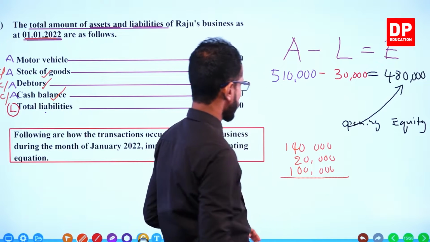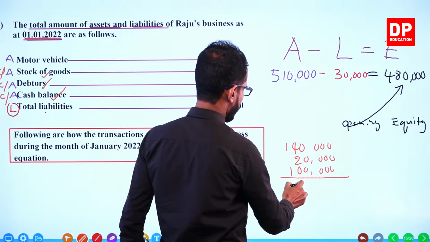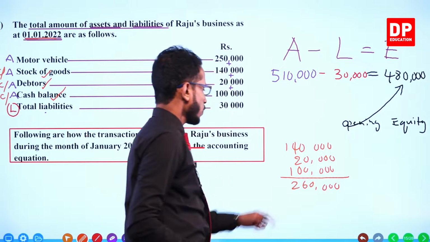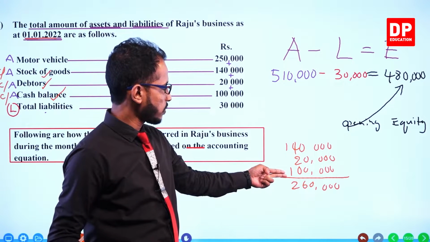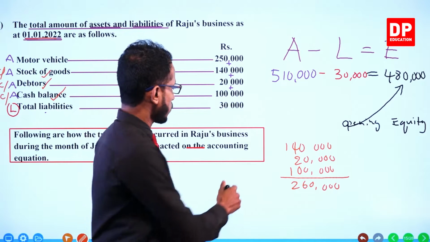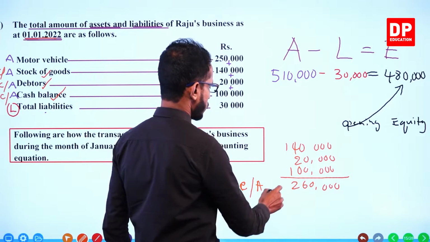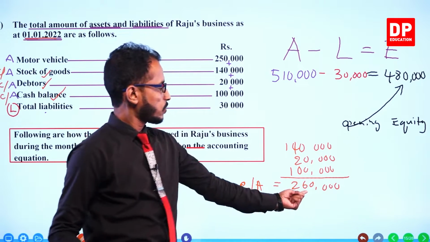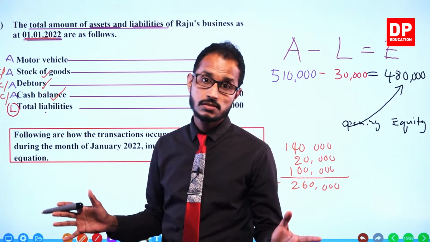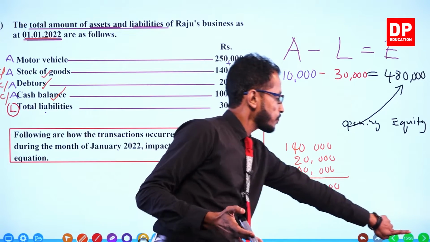Take the total. 140 plus 100,000, 240 plus 20, 260,000. This is the current assets total. Current assets total 260. Now let's find out what are the changes that have occurred in this value.